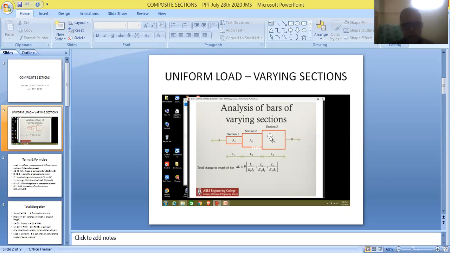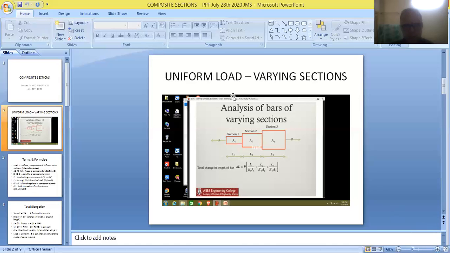Now here we are going to deal firstly with this topic, namely uniform load and varying sections. So this is the first topic to be studied under the heading composite sections. My dear friends, there is no difficulty in understanding the name of the topic.